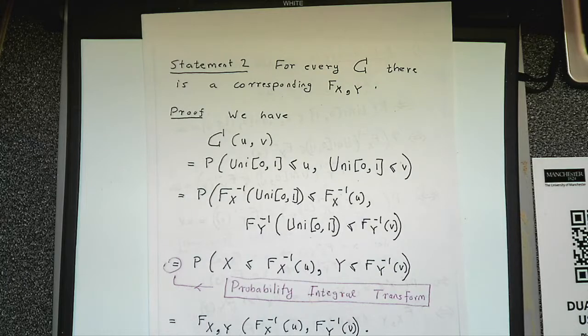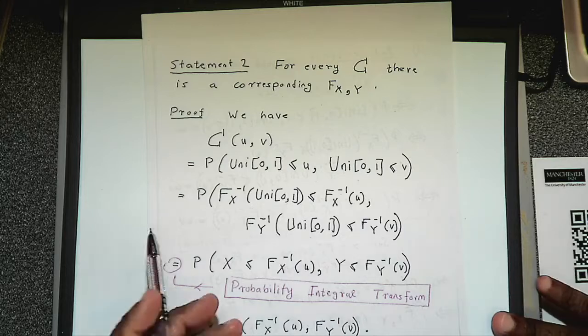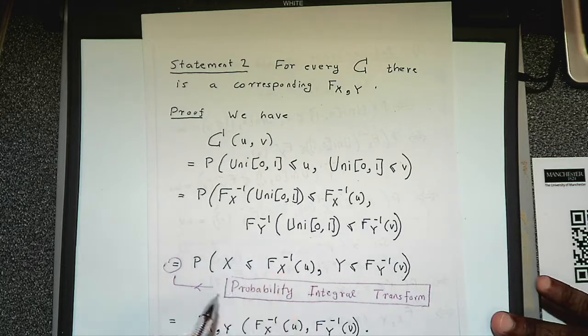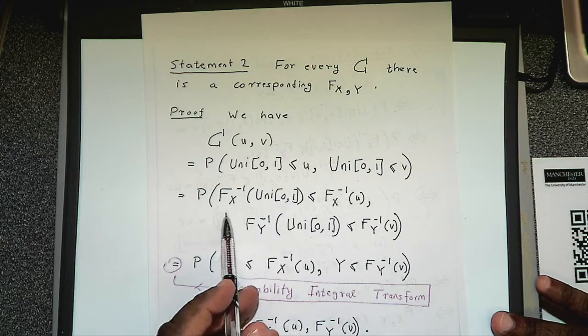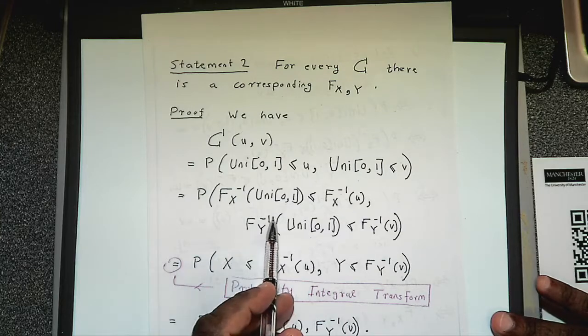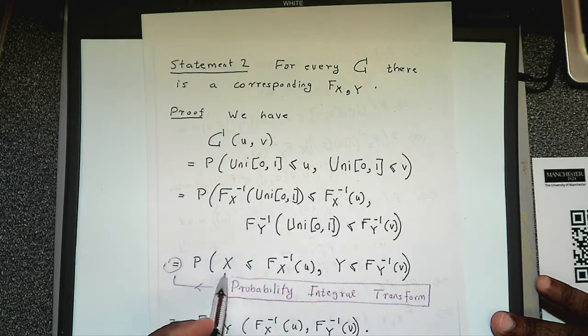Now, once again, by the probability integral transform, I mean, this is something you should have done a long time ago. Maybe you forgot, maybe you did not. It says that anything of this kind must be equal to x, right? That is, if you take the inverse CDF of a uniform variable, then that must be the original variable x, right?